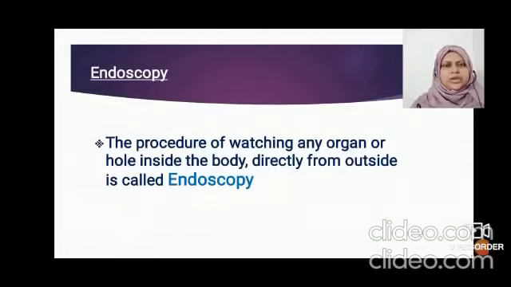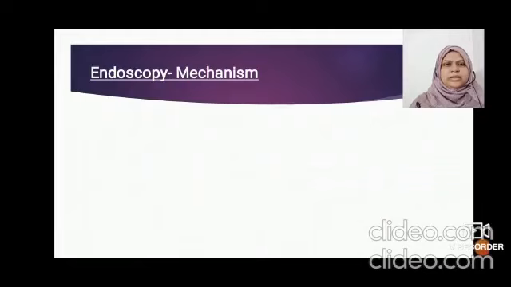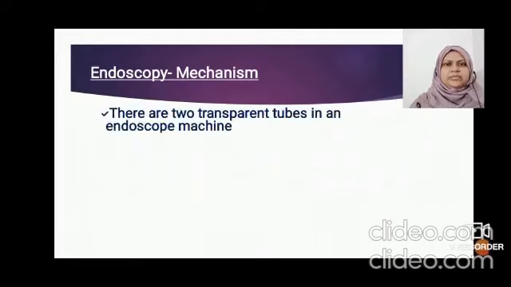Now, endoscopy. The procedure of watching any organ or hole inside the body directly from outside is called endoscopy. Now, mechanism of endoscopy. There are two transparent tubes in an endoscopy machine.